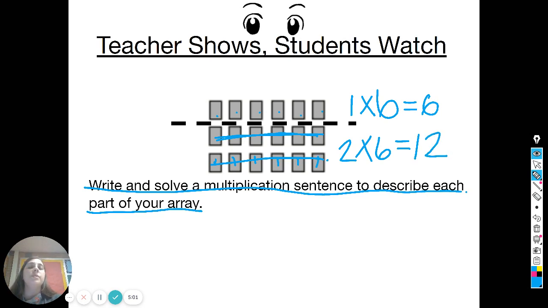So 2 rows of 6 equals 12. Another way I could do that is just count by 2s 6 times. 2, 4, 6, 8, 10, 12. Okay, so I have 2 problems now, and I've solved them for each part of my array. The top part is 1 times 6, and the bottom part is 2 times 6.